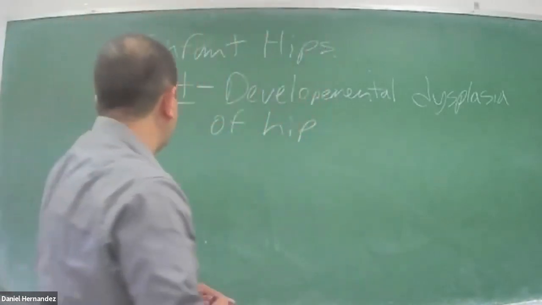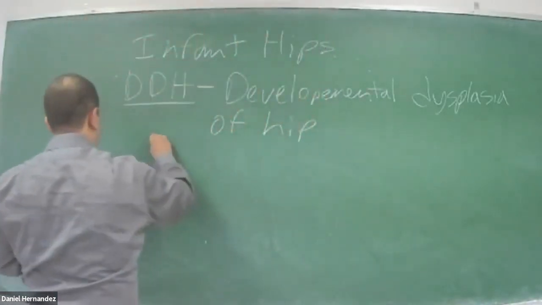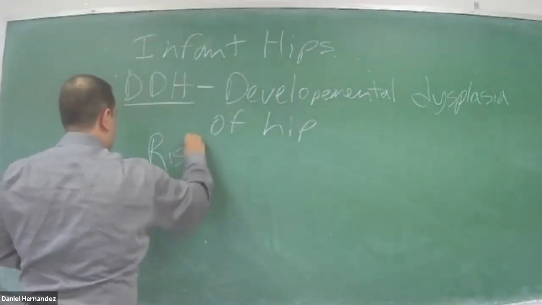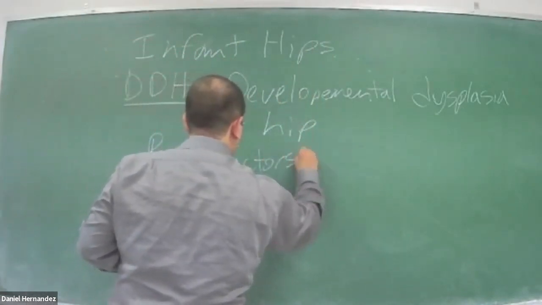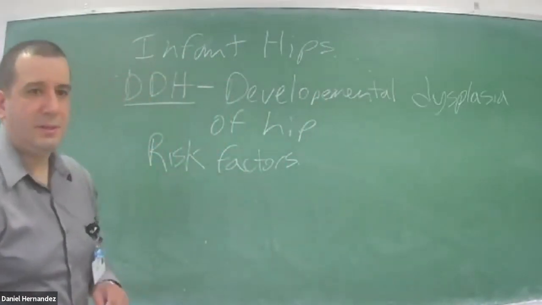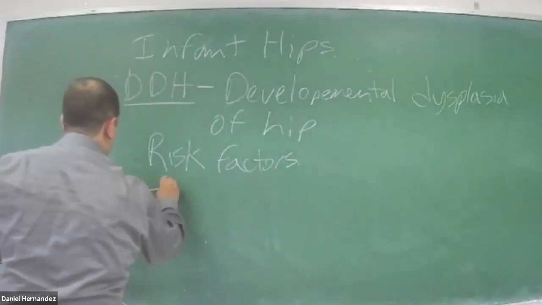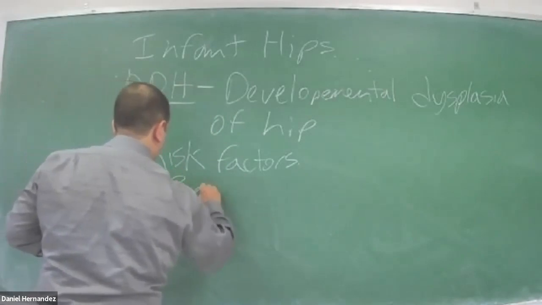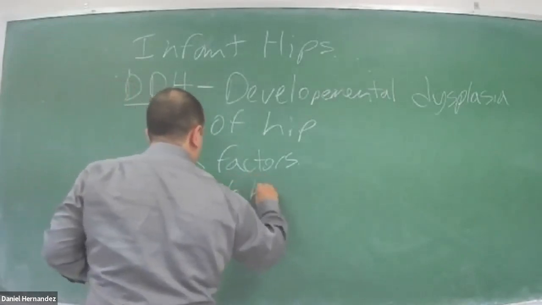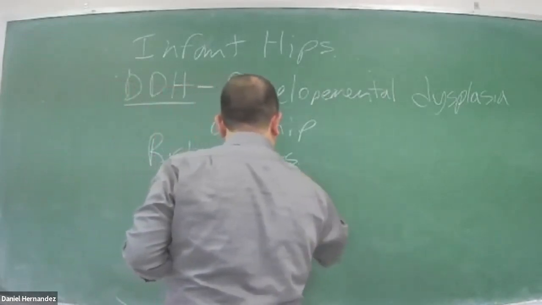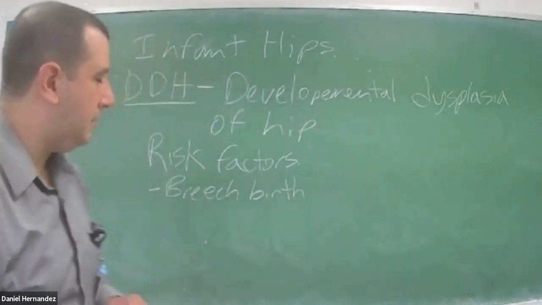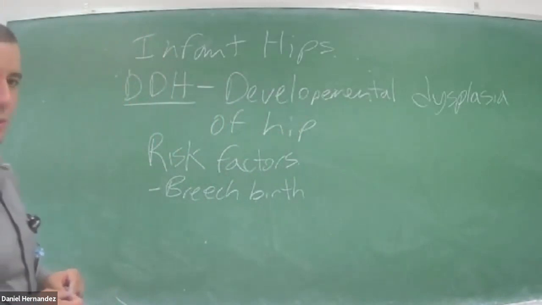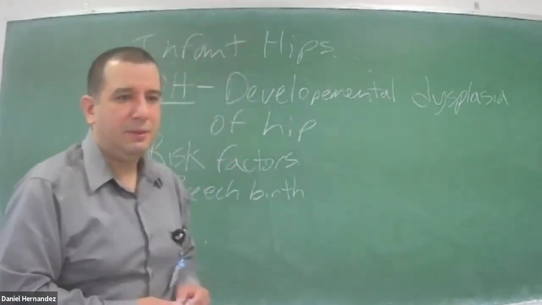All right, some risk factors. A big one is going to be a breech birth. A breech birth is when the baby is born feet first.